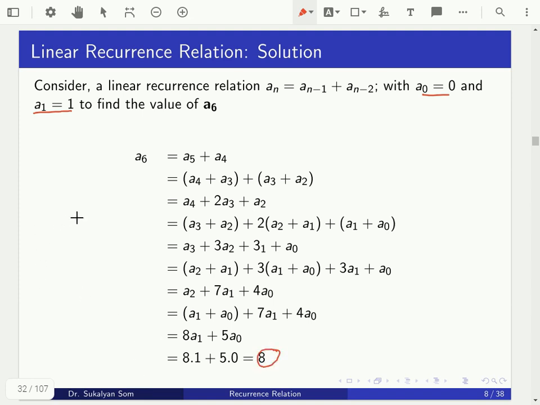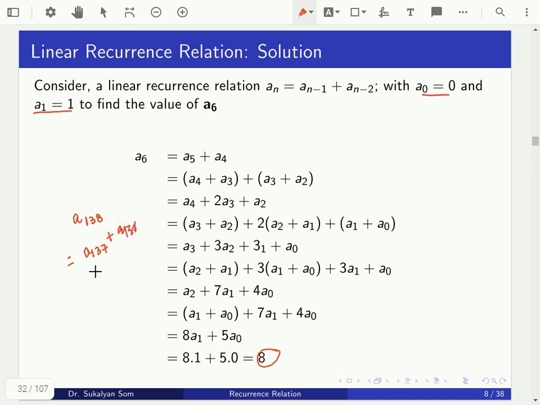Now if anyone asks me to find the value of A138 by using this procedure itself, it can be easily observed that the procedure of finding a particular term of the sequence is time consuming. If we want to find the value of A138, we have to start writing this A138 as the sum of A137 and A136.